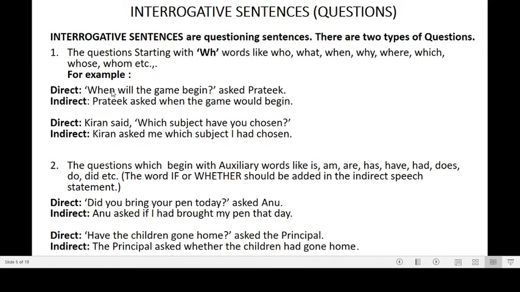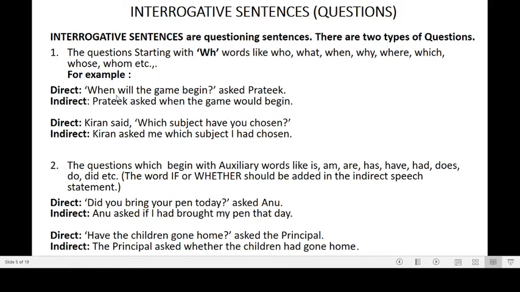Here you should observe that the subject will come first and then the helping verb, vice versa. Here, "when the game", "will" is changed into "would". You know, the simple future tense is changed into the future conditional form. So "will" is changed into "would", "begin".